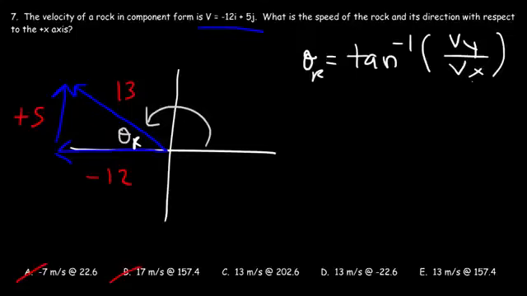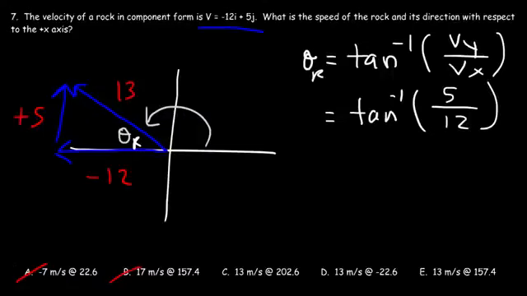Now, just make everything positive, and this will give you a positive reference angle between 0 and 90. So the y component is 5, and the x component is negative 12, but we're going to make it positive 12. So the reference angle, the angle inside the triangle, is 22.6 degrees.